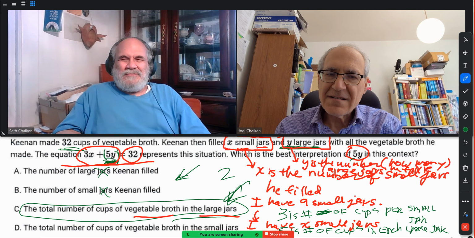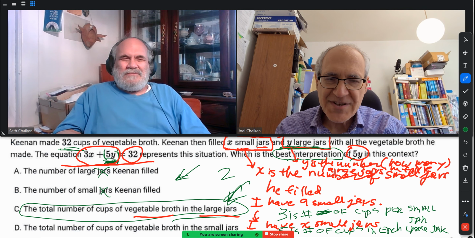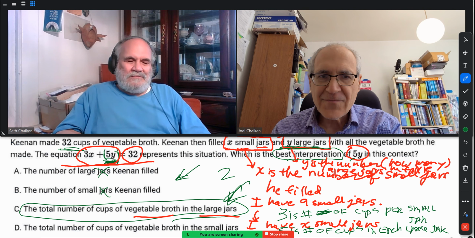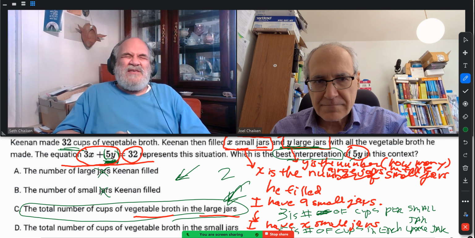Yes. And it's a very, very common problem. Even in a lot of standardized tests around the country, they ask, what is the best interpretation of something in the formula?